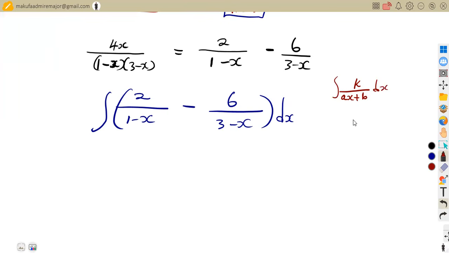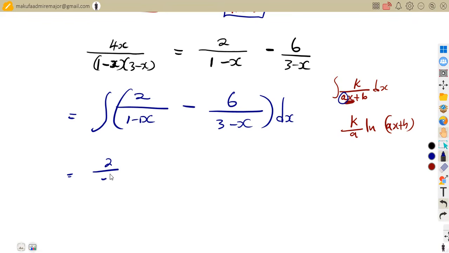So it is going to be k over a, the ln of ax plus b. Take note, k over a, which is the derivative of f of x, this part that is containing x. You find its derivative. So in this part, we're going to obtain 2 over the derivative of minus x, the coefficient of x there, it's -1.